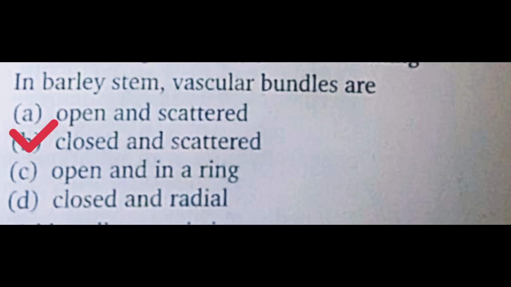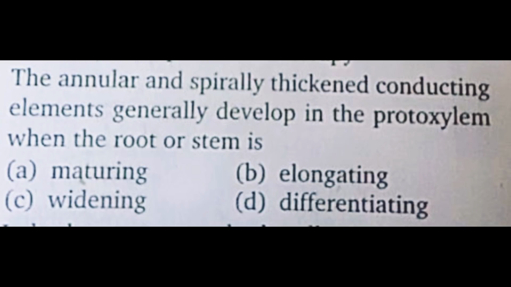The next one is, the annular and spirally thickened conducting elements generally develop in the protoxylem when the root or stem is. The options are maturing, elongating, widening, differentiating. And the right one is option D, differentiating.